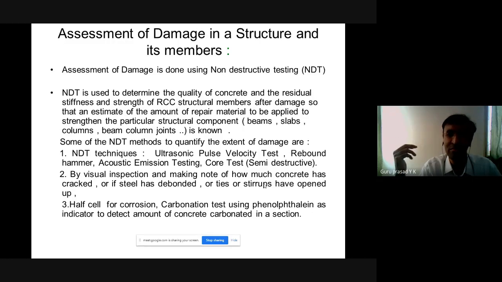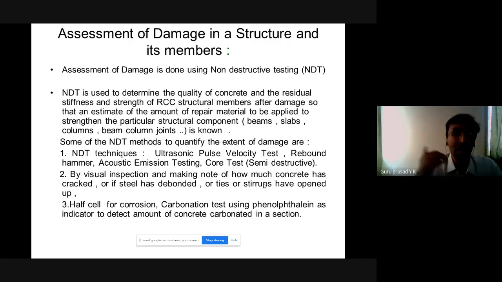What particular damage would have taken place in structural members like columns, slabs or beams? But columns are the most affected. Vertical members, especially columns and shear walls, are the most affected in the case of an earthquake.